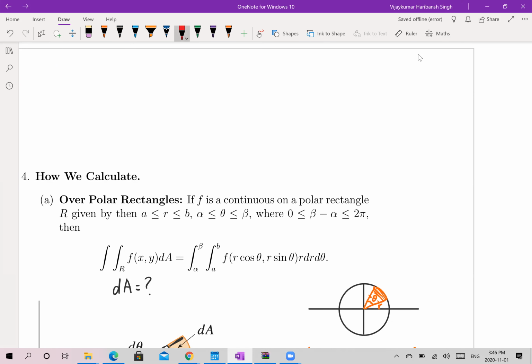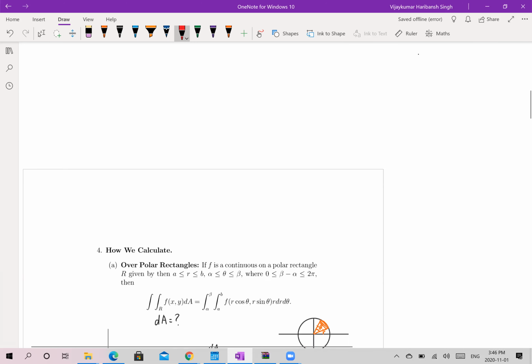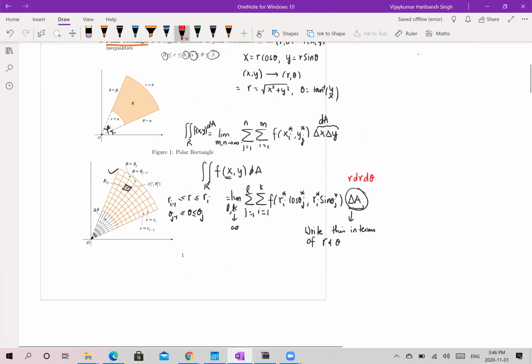Suppose f is a continuous function on a polar rectangle R, where r is between a and b, and theta is between alpha and beta.